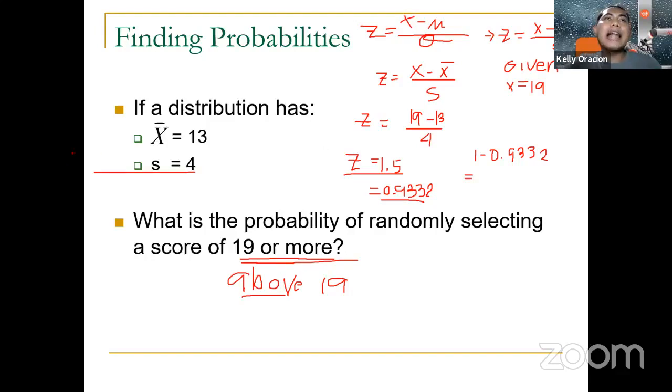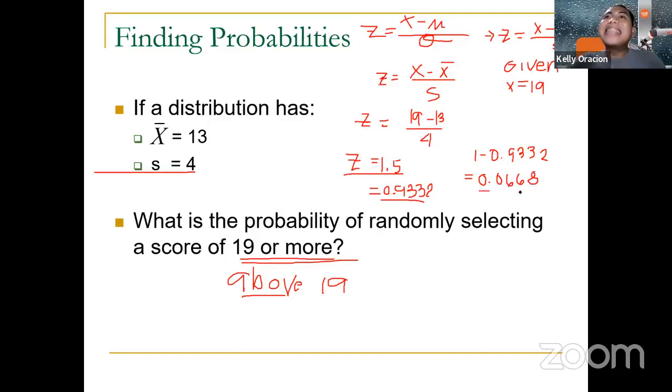What's the answer? 1 minus 0.9332 is 0.0668, sir. 0.0668.